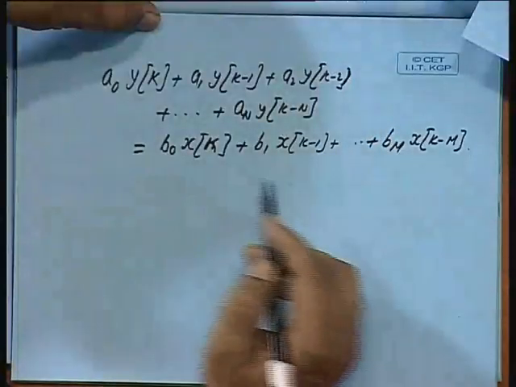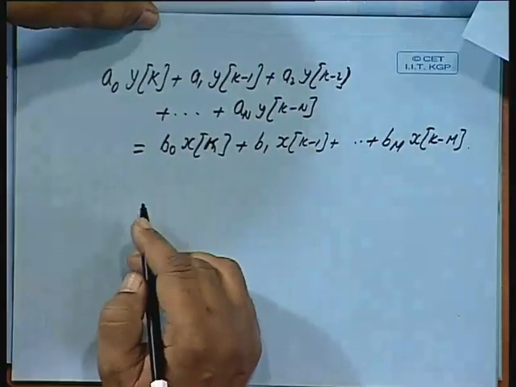Now, difference equations will not be identical for the same differential equation if you change the step length, because there are factors t squared, t cubed depending on the order of the derivatives. So, it all depends on the step length, that is the sampling time that you choose. If you change the sampling time, the difference equation coefficients will also be different. This is something very important.